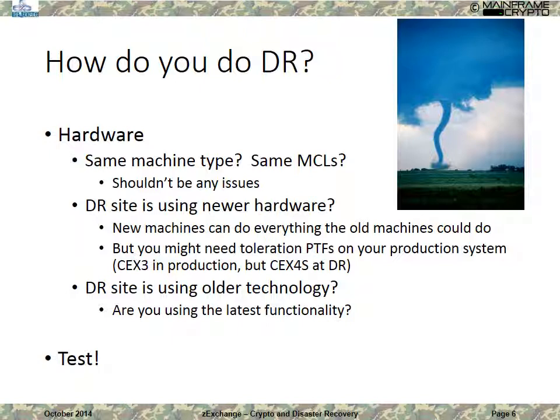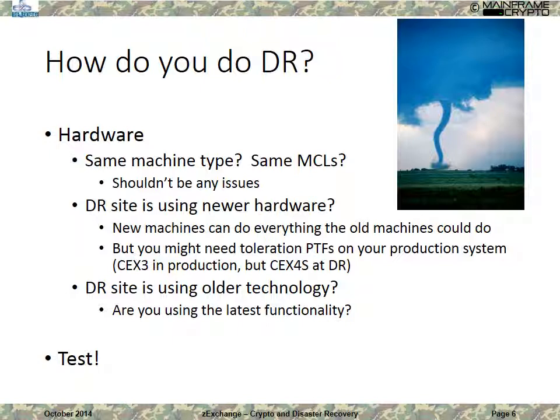So if you pick up your production operating system and drop it down on that zEC12 with the Crypto Express 4S, it's not going to know what that hardware is, and it's going to fail when it tries to use it. There is toleration maintenance that you're going to have to get installed so that it will recognize that Crypto Express 4S and treat it like a Crypto Express 3.